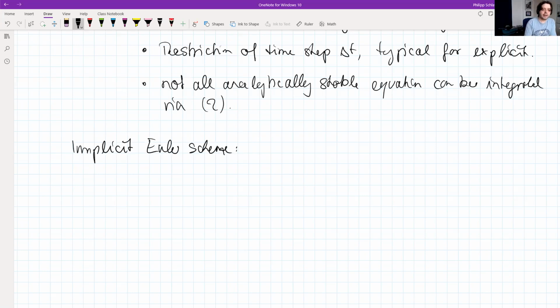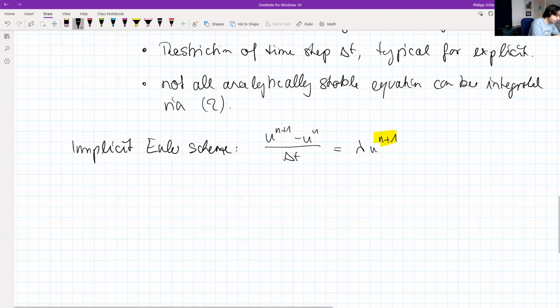Yeah, so how would we write the implicit Euler scheme? Well, actually, it's very simple. It's (u_{n+1} - u_n) divided by delta t equals lambda times u, but now it's not u_n, it's u_{n+1}. So this here is the only change that we do for the implicit Euler scheme. And now, of course, we can calculate what the amplification factor is in this case.